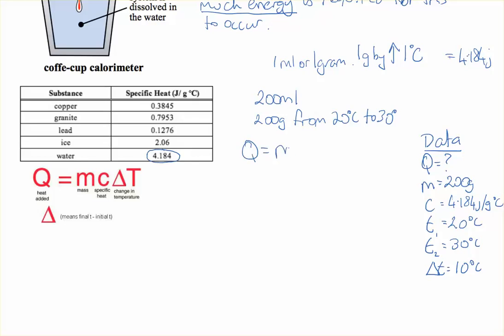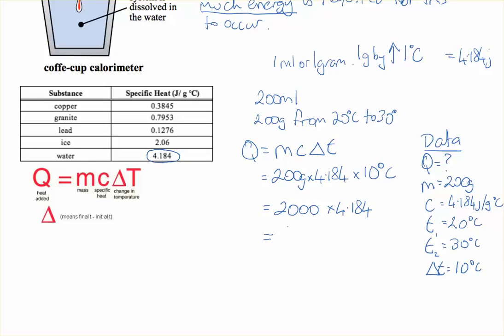In this case, we know that it's actually Q equals MC delta T, or Q equals MCAT, where M is 200 grams multiplied by C, which is 4.184, multiplied by the change in temperature, which we just worked out was 10 degrees Celsius. So it's going to be 200 by 10 is 2000 multiplied by 4.184, and I'll just pause and get my handy dandy calculator.